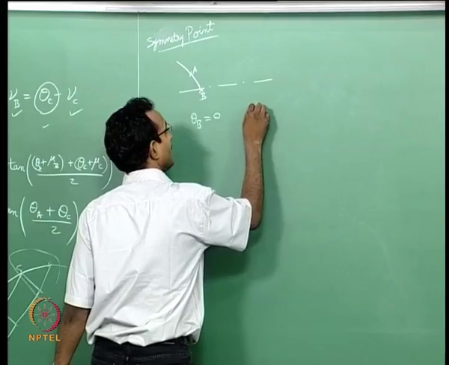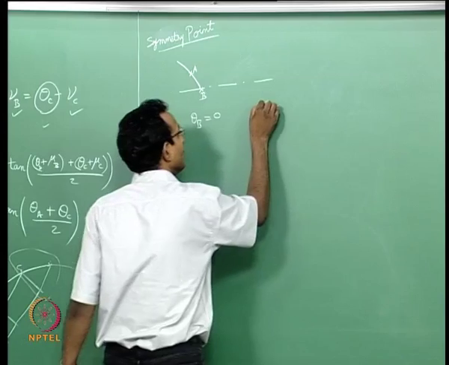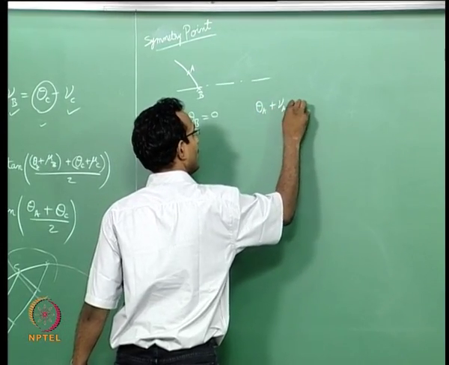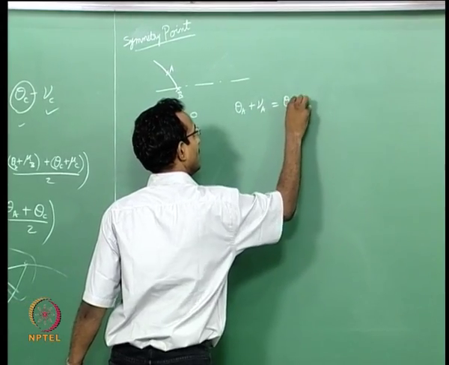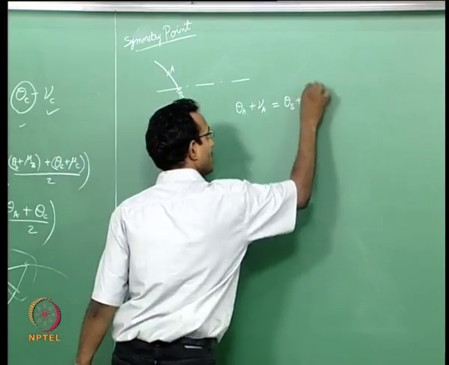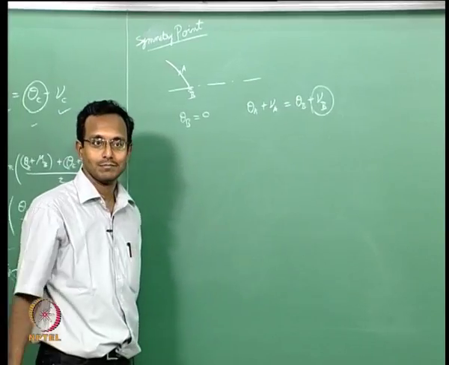So, now I can write this right running characteristic. So, it is theta A plus nu A equal to theta B plus nu B. So, now I can find this nu B. Once I know nu B, I know Mach number at that point.